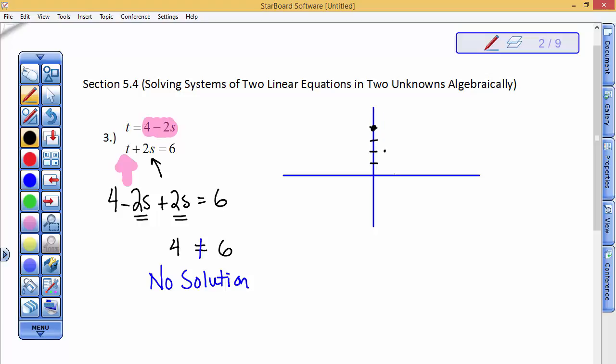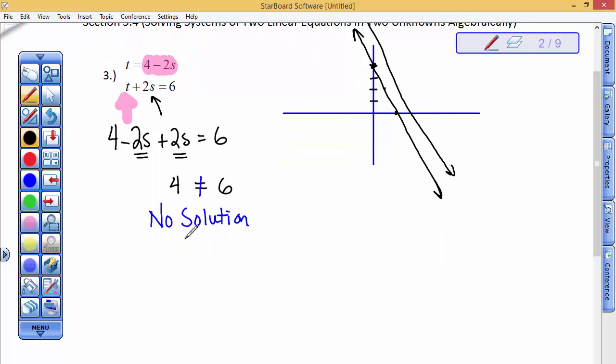If I were to graph the other one, it looks to me like it would be just above it and parallel. So the reason there's no solution is because the two equations have a slope of a negative 2, and they would never intersect. We also say sometimes that this is an inconsistent system because it has no answer. Please notice when there's no solution, you get a statement that is not true.